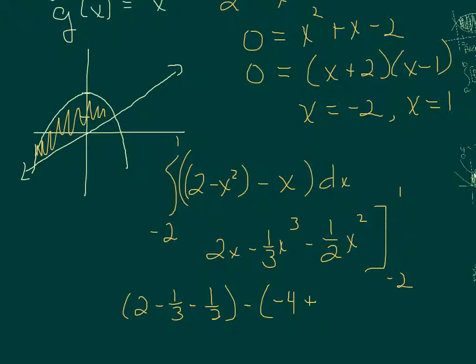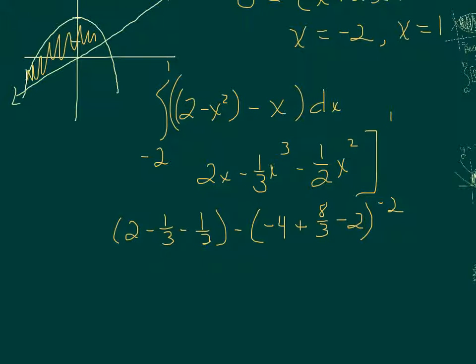Plus 8/3 minus 2. The 2's cancel out. So here we have 12/6 minus 2/6, it's 10/6 minus 3/6 is 7/6.